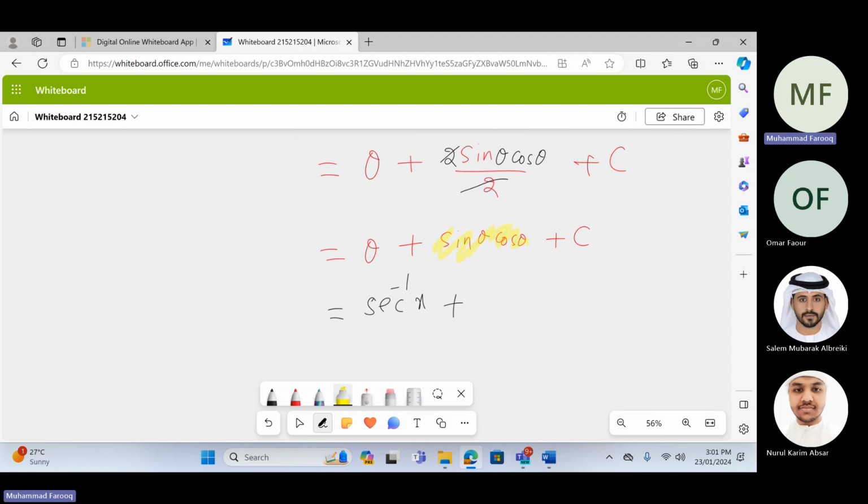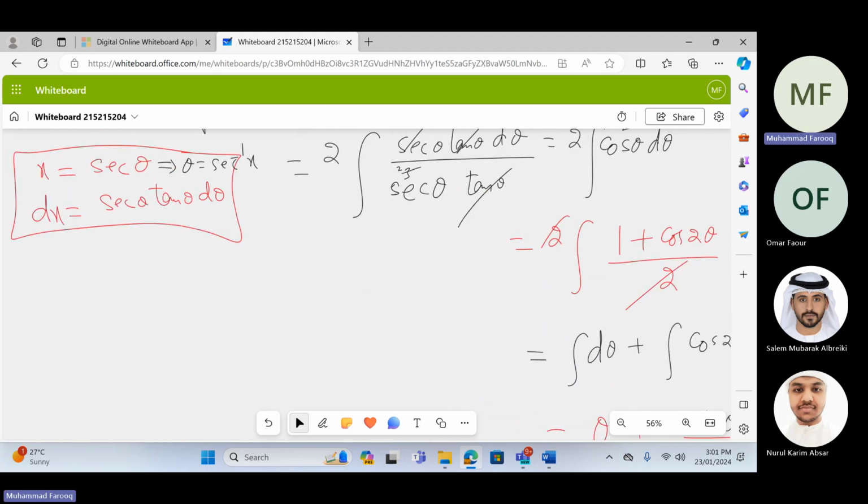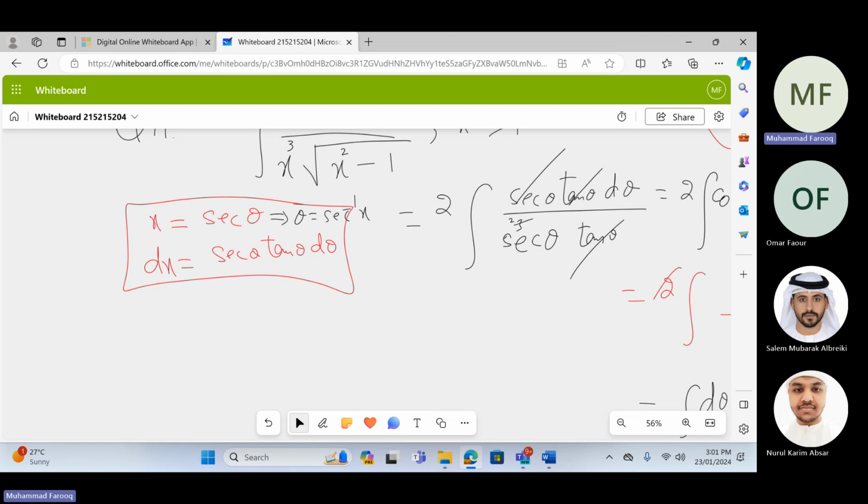For the sine and cosine values, we need the right angle triangle. How to draw this right angle triangle? From the substitution: secant theta is x, that is x over 1.